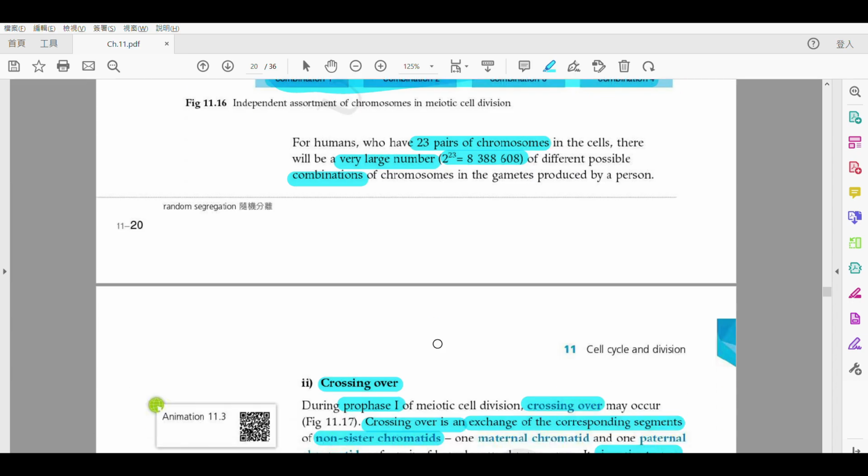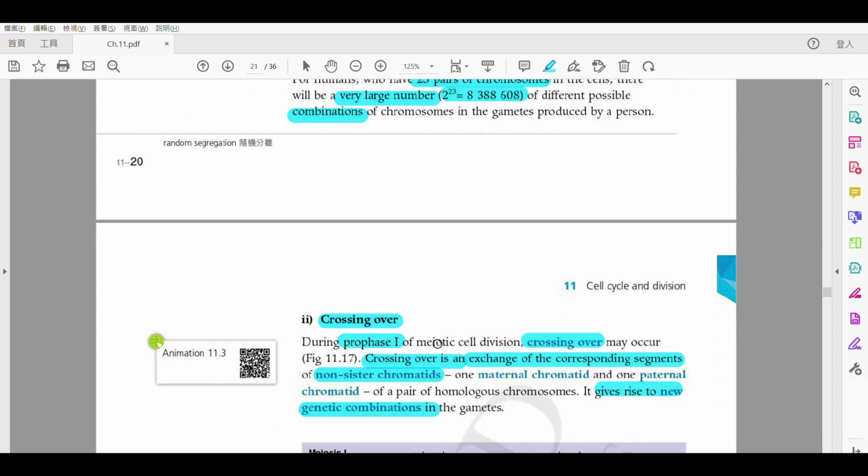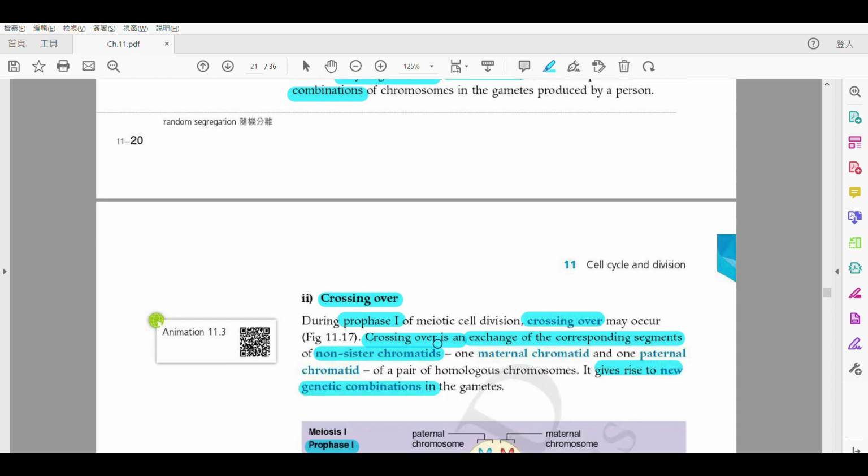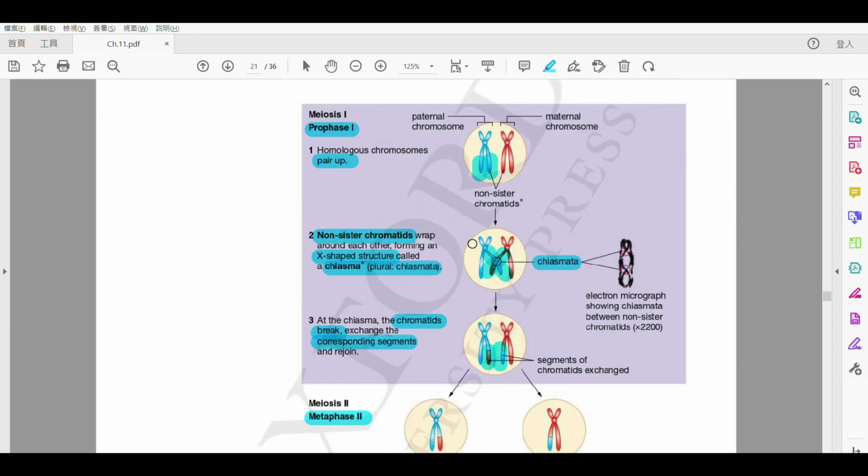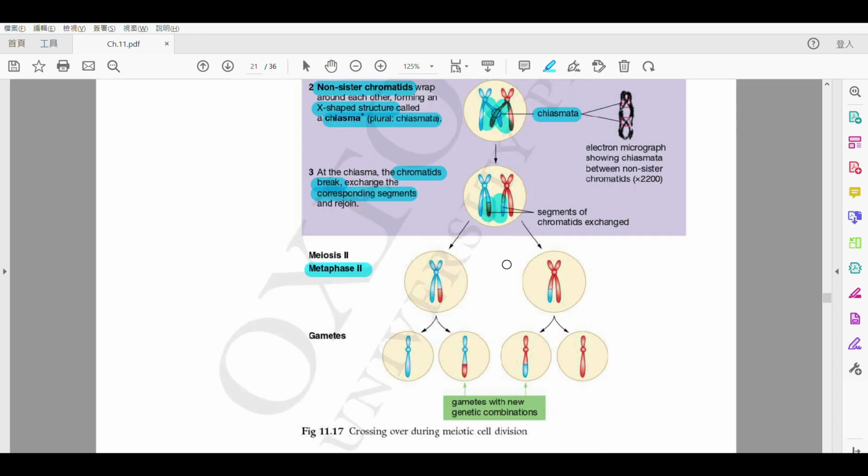Also, one last thing: remember, there is not only one chiasma. When the chromosomes pair up, more than one chiasmata may form, so more than one crossing over may take place. So be careful, just to let you know.